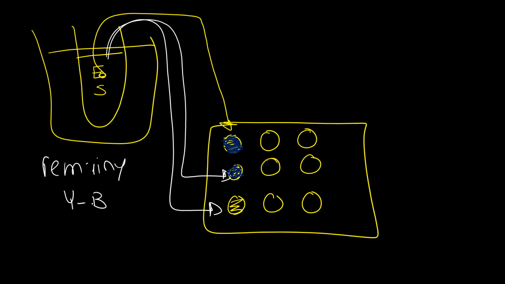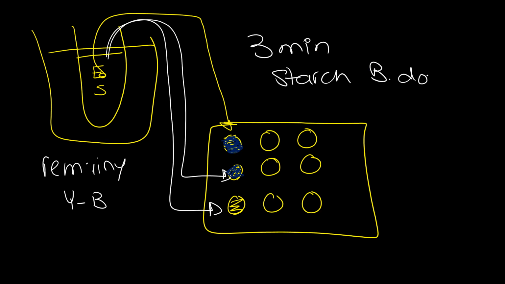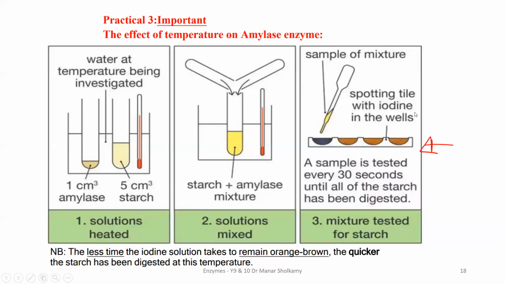If this happened at the third well or after 3 minutes, so how much time was needed for the starch to be completely broken down? 3 minutes. So it took me 3 minutes for the starch to break down. Clear? Very good. Now, the shorter the time, the faster or the longer the reaction? The faster the reaction.